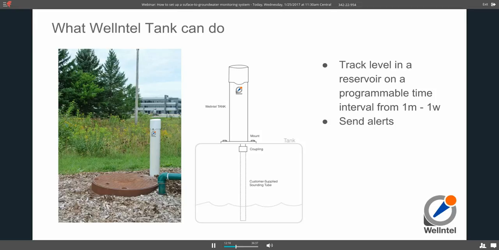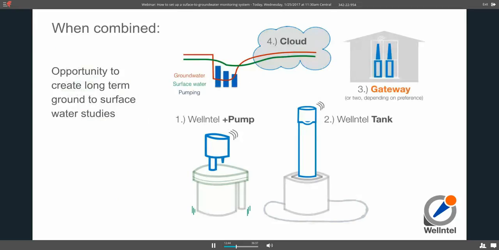In our case, we're going to talk specifically about attaching this system to a stilling well on either a pond or potentially a stream. And when that's done, we're in a position to track in that reservoir, again on the same programmable time interval from a minute to a week, and send alerts, either full or empty or some distance away from full or empty in that reservoir.